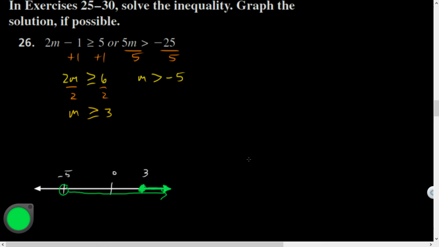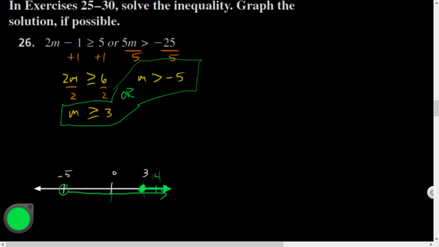That's weird. Now, if I have the or logic in between here, that means any point that is true for one of them is true for the entire compound inequality that I'm considering, okay? So 4, the number 4, is a solution of both of them. So 4 would be a solution of the compound inequality. 3 is a solution of both of them. 4 is a solution of the compound inequality.